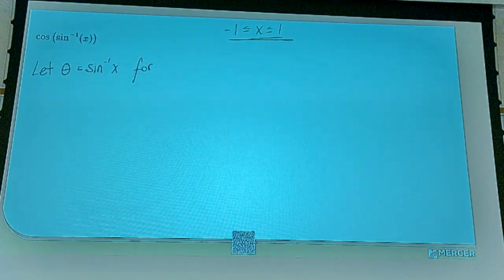What is the range of the inverse sine? Yep, -pi/2 to pi/2, including them.